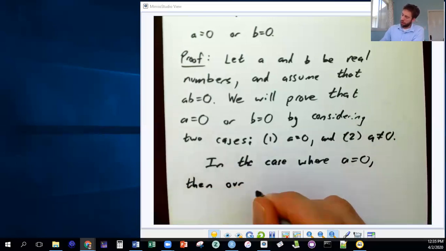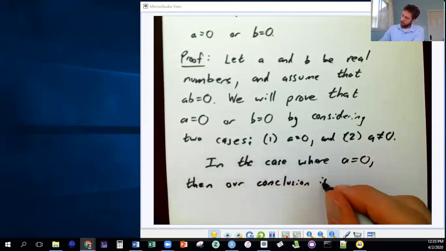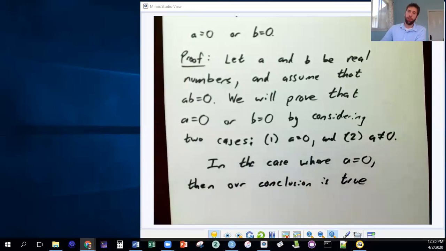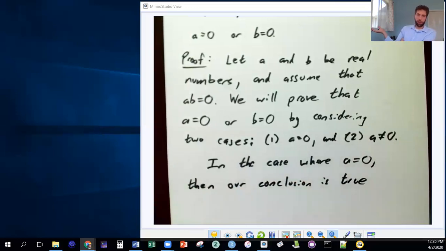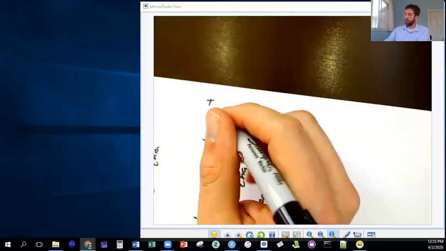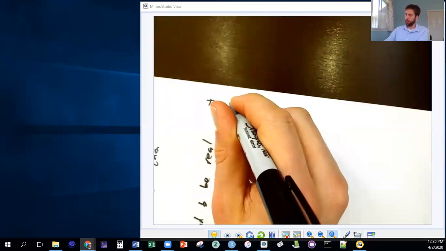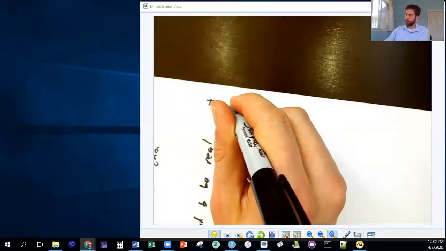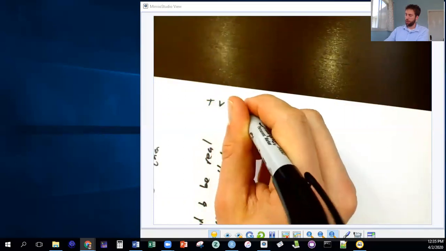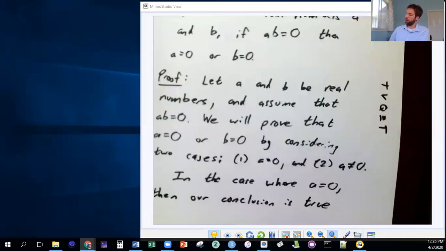Then our conclusion is true. Really, it's logically true, right? We're using a property of logic: if I have a true statement or something else, that's equivalent to a true statement. So that's the domination law.